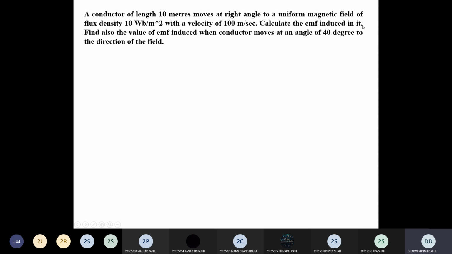Calculate the EMF induced in it. Find also the value of EMF induced when the conductor moves at an angle of 40 degree to the direction of the field.